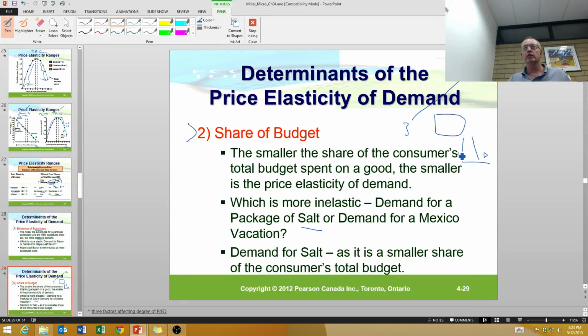Even a large price increase probably won't decrease the quantity demanded by very much, because the price elasticity of demand for salt tends to be inelastic. We're only spending $12 a year or $10 a year or $3 a year, because that big box of salt lasts a long time. Even a small box of salt lasts a long time for most people.